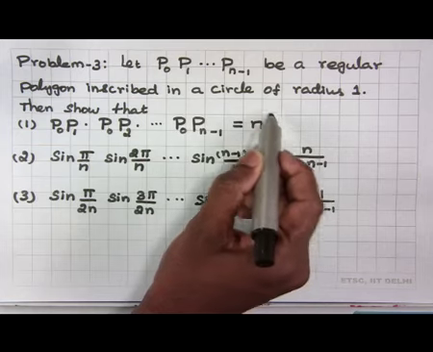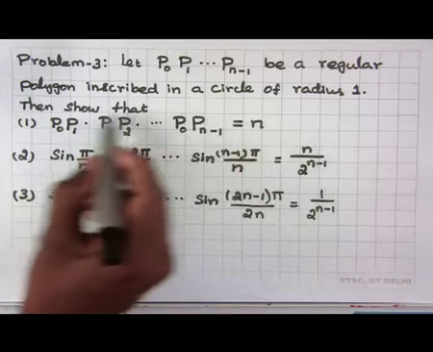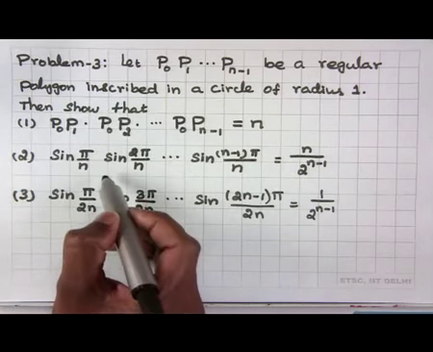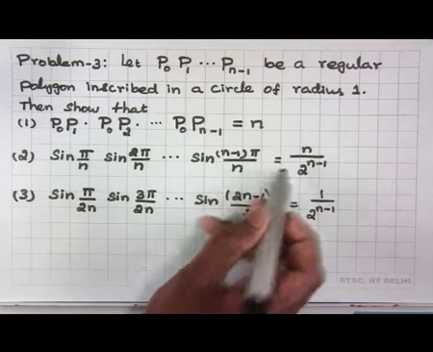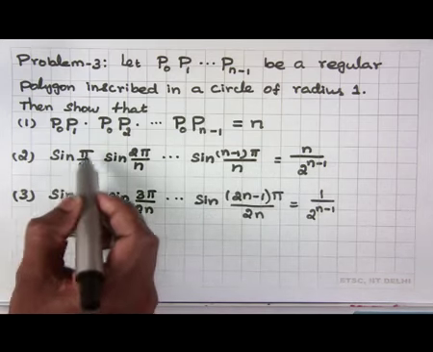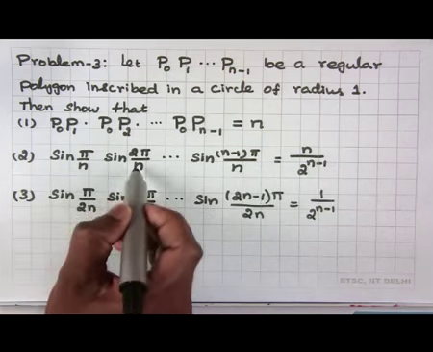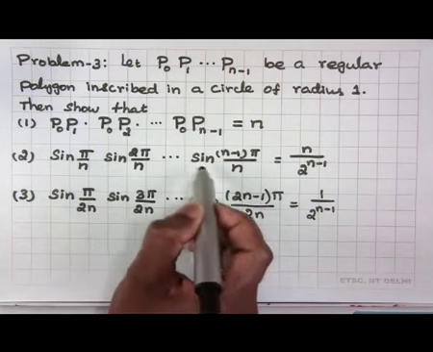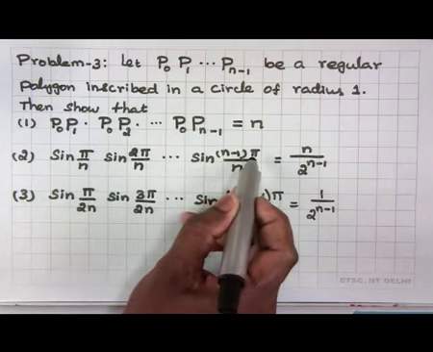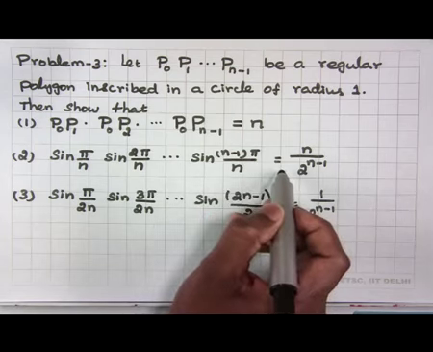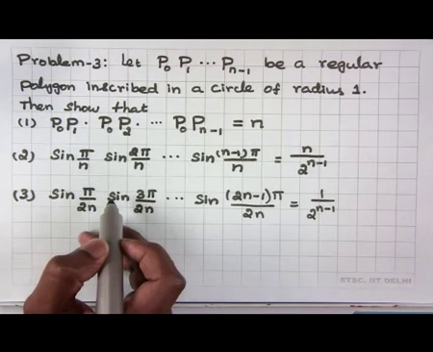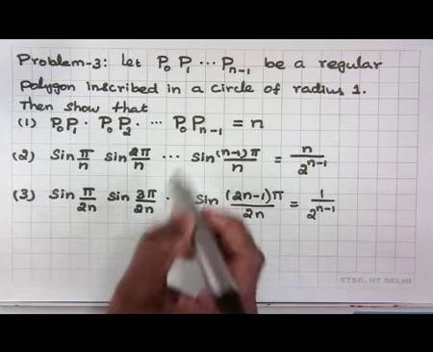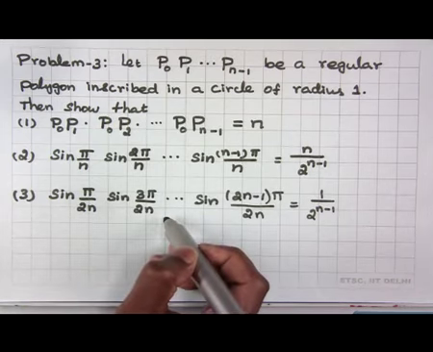And moreover, using this identity we are going to derive a nice trigonometric identity, which states that sin pi by n, sin 2 pi by n till sin (n minus 1) pi by n gives the value n by 2 power n minus 1. And similarly, we have one more identity.